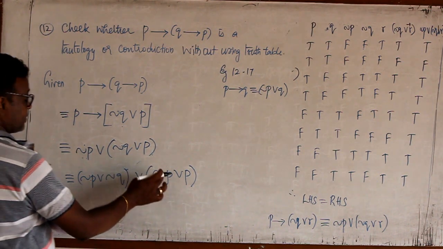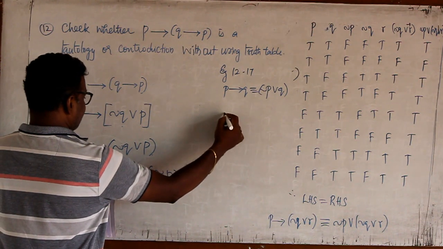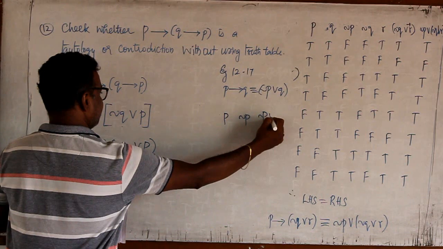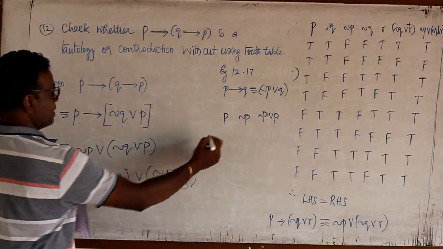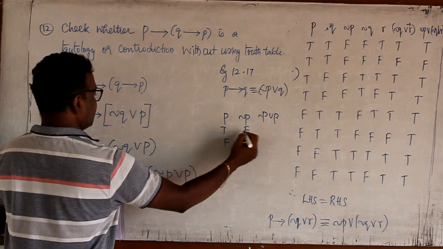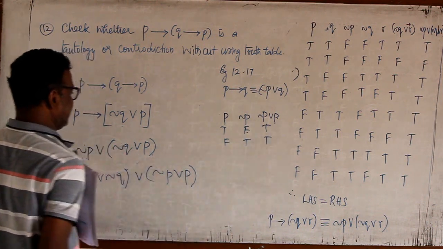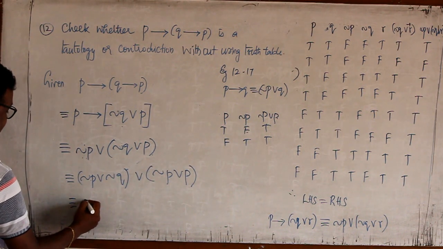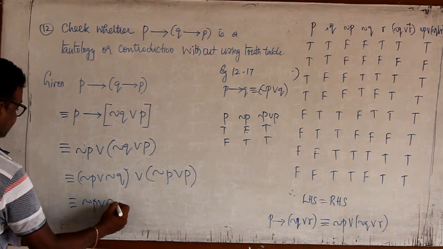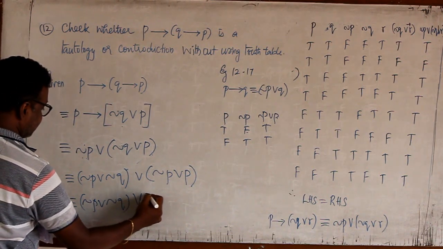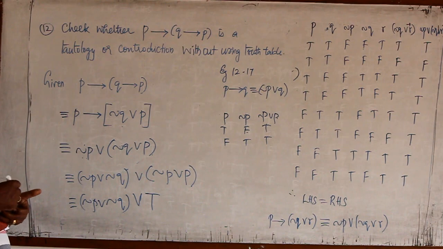Suppose I have a table for P and negation of P. Checking the elements T and F, it will be false and true. Addition is both will be T. So this will be completely a tautology. So negation of P or P, the complement, is completely a tautology.